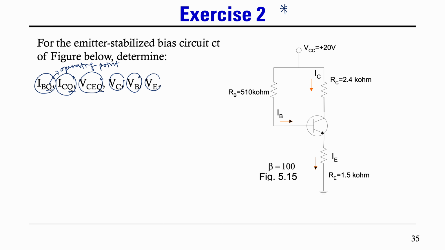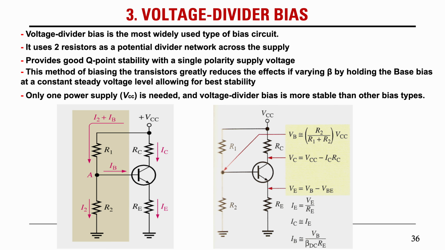Next, let's go to the voltage divider bias. Voltage divider bias is the most widely used, very famous. What is the difference from the emitter stabilized bias circuit just now?